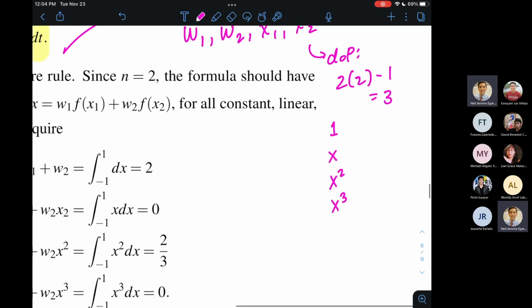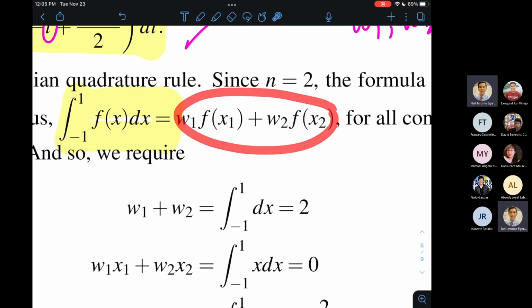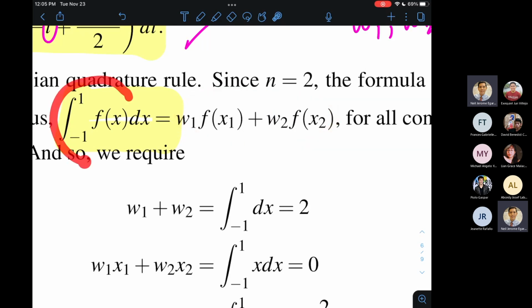Okay? So yun yung gusto natin mangyari. Ang itsura ng quadrature rule natin ay ito: sum ng w1 times f of x1 plus w2 times f of x2. And we want this to be exactly equal to the integral of f of x dx from -1 to 1, where f is 1, x, x squared, and x cubed. All right? So let's see what will happen.